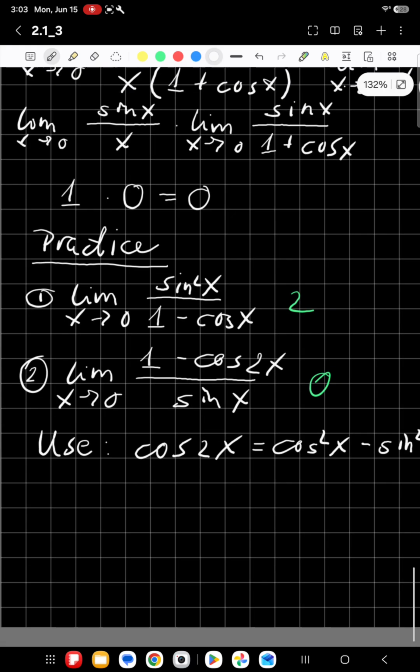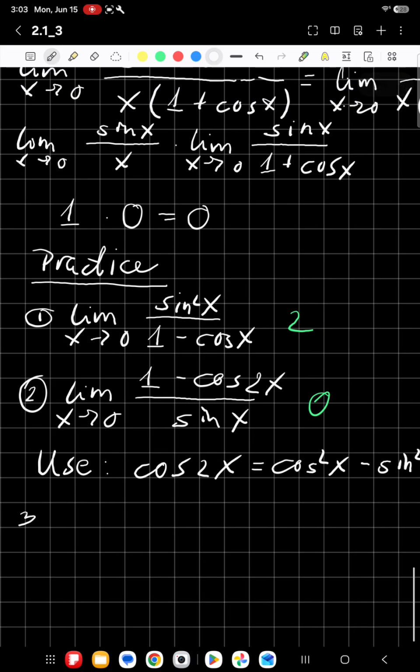Problem number 3. We have the limit as x approaches 4, and the function is the cube root of x plus 4.